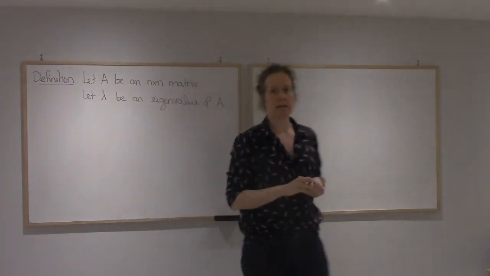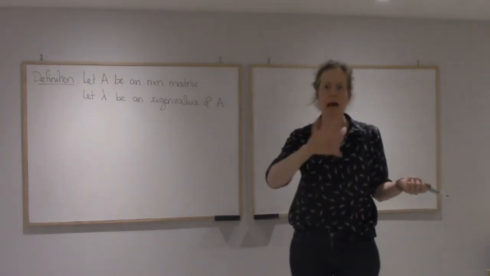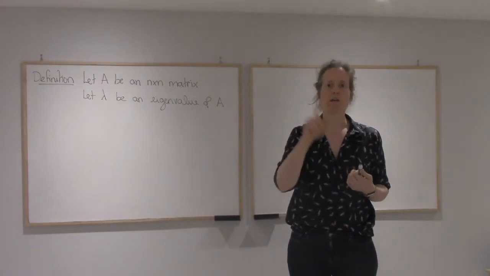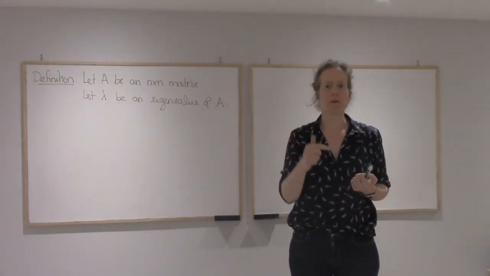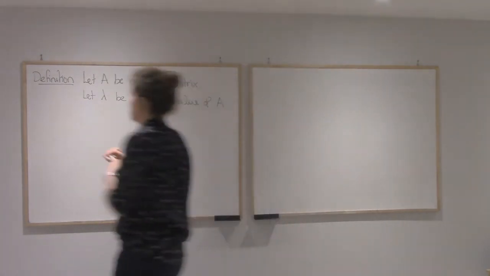So lambda is a root of a polynomial. It might be a repeated root. X minus lambda might be there multiple times in the factorization. The number of times it appears, that's going to be the multiplicity, the algebraic multiplicity of lambda.